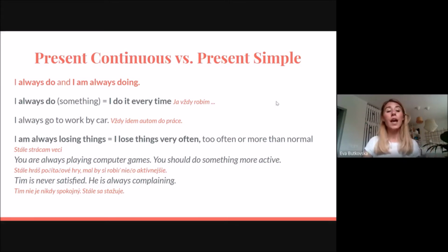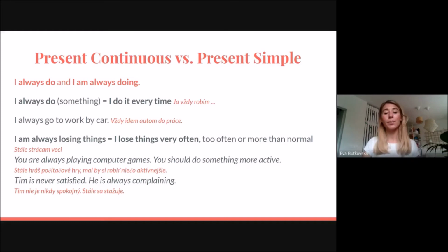But to say "I'm always losing my things" or "I'm always doing something," we refer to things that happen too often or more than normal. So it's our bad habits. Remember that these are bad habits or things happening too often.